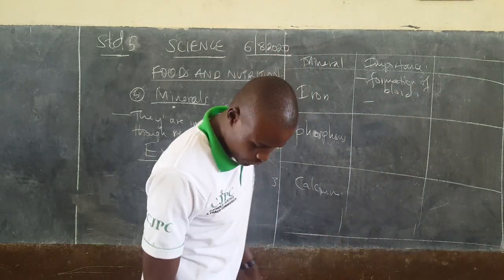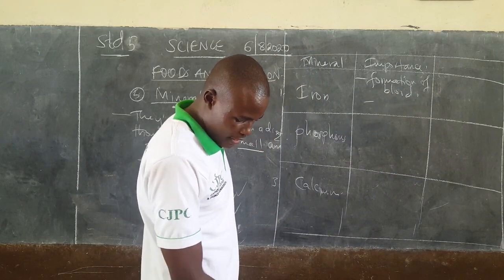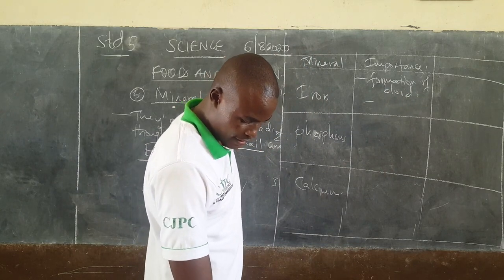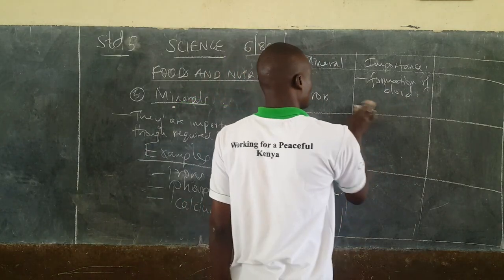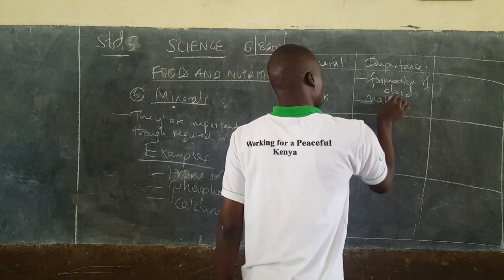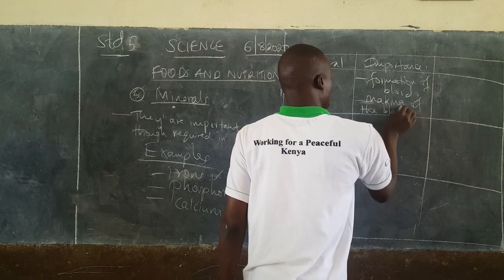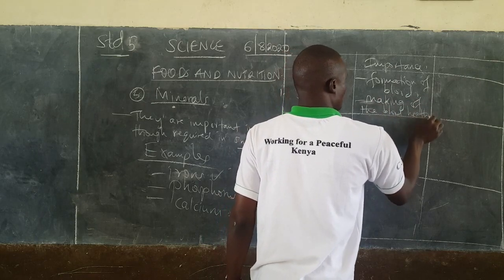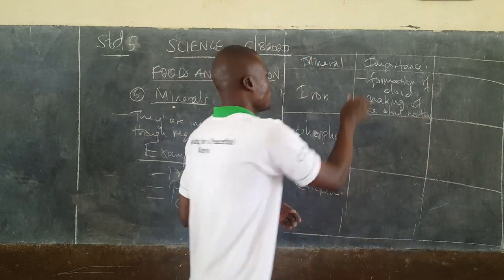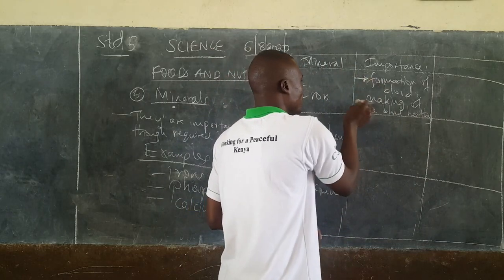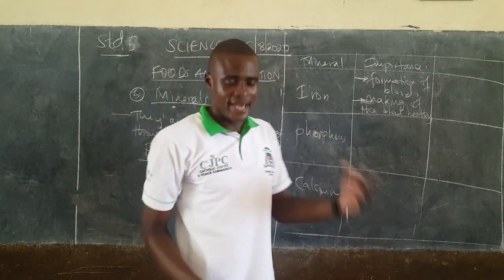Then number 2, making of the blood healthy. That is, it has 2 uses. Number 1, it forms blood. Number 2, it makes blood healthy.